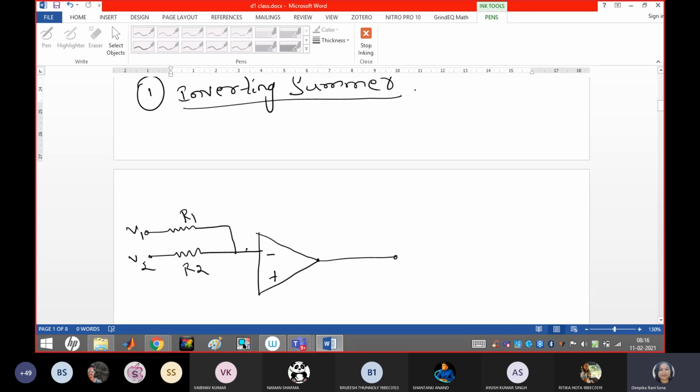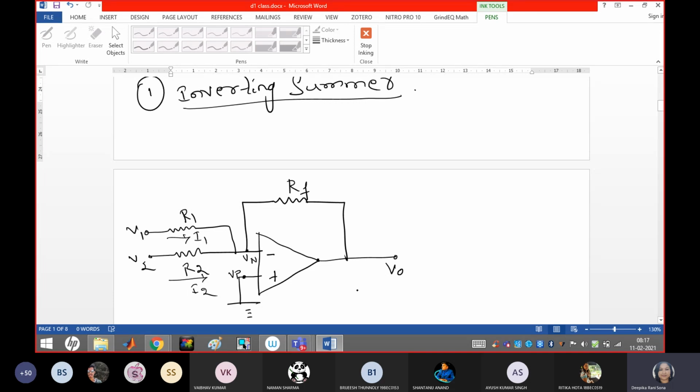And the feedback resistor is RF. Because we are following the inverting one, the non-inverting input will become fully grounded. So the current at R1 is I1, current at R2 is I2. Now suppose this nodal voltage here, the positive input is Vp and here it is Vn.